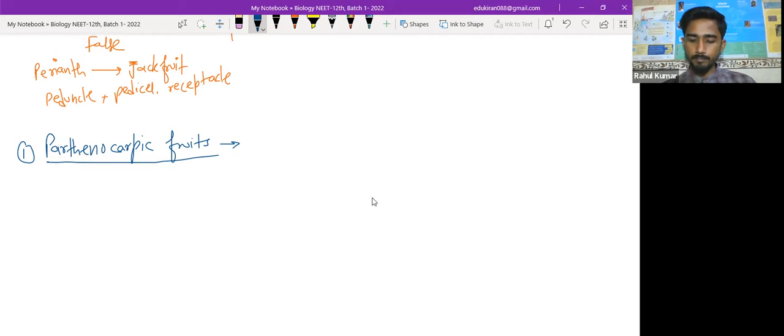Next point: parthenocarpic fruits are seedless. Okay.